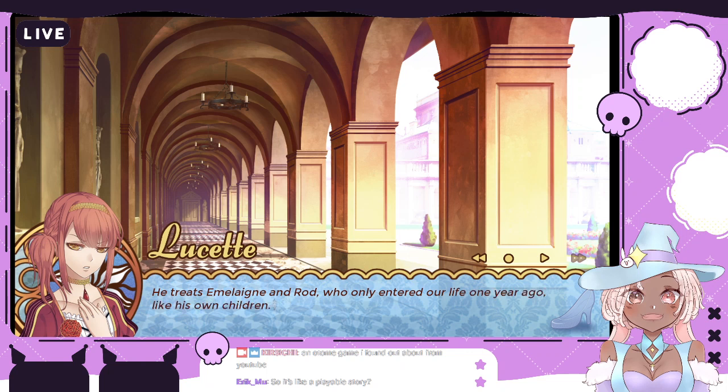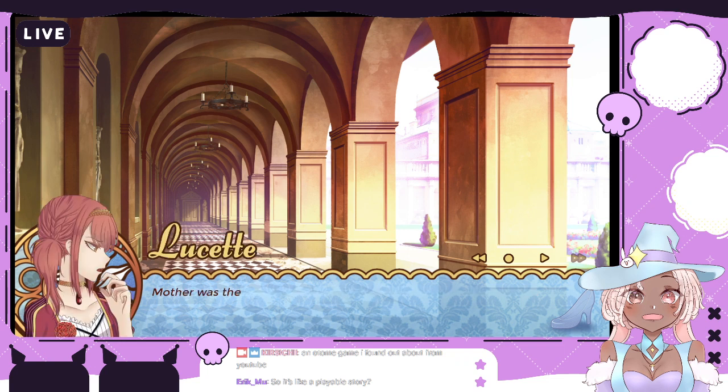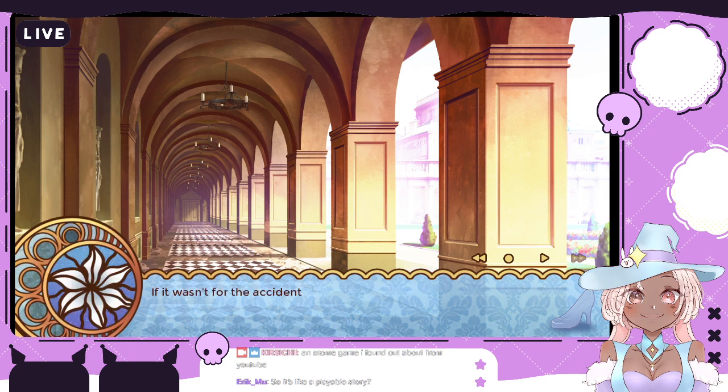He treats Emlane and Rod, who only entered our life 1 year ago, like his own children, better than he has ever treated me. This has been my life ever since Mother passed away 4 years ago. Mother was the only one that was there for me when no one else was. If it wasn't for the accident in the Great War, she would still be here.